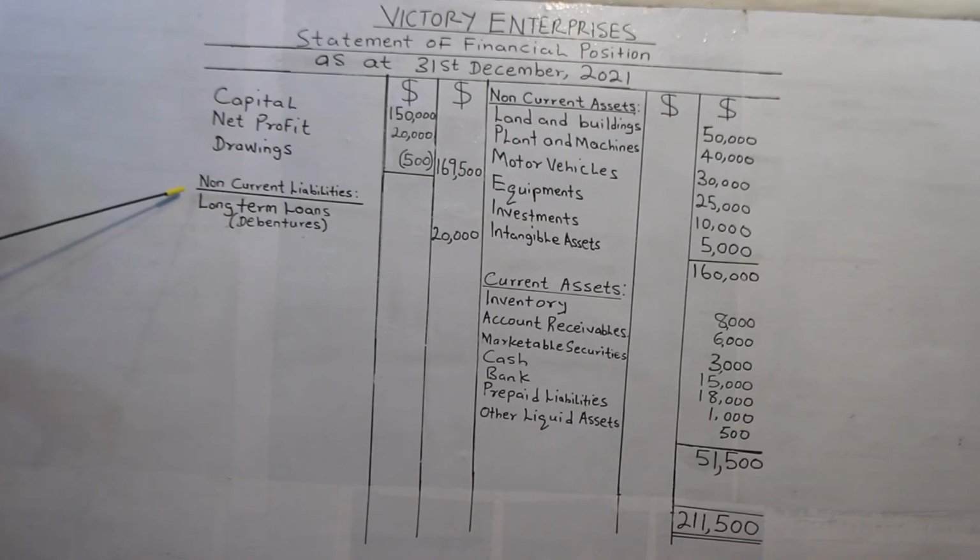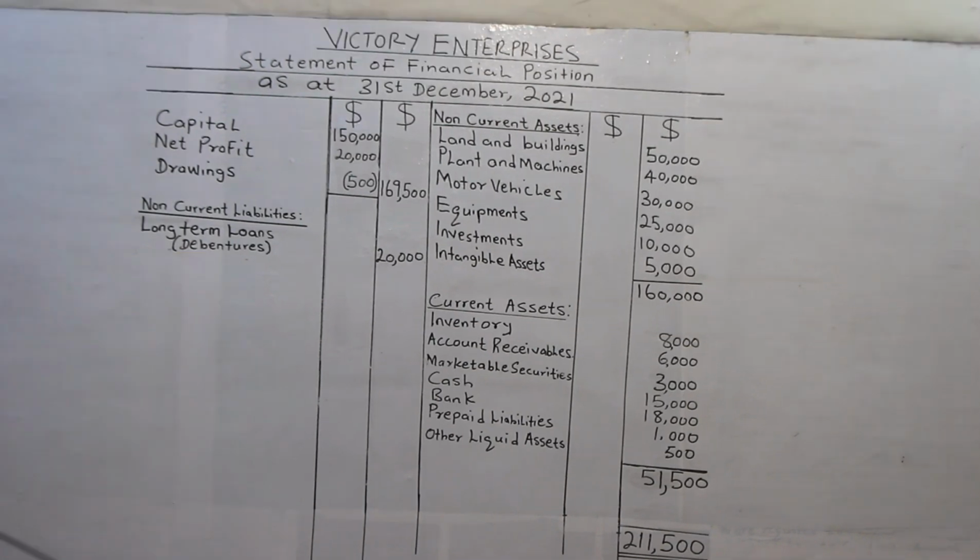Now, from the source document of Victory Enterprises, we have been able to find out that the non-current liabilities is made up of the long-term loans. We can use the term debentures in a limited liability company. From investigation, we have discovered that the non-current liabilities of Victory Enterprises is made up of long-term loans of $20,000, which can be in the form of debentures.